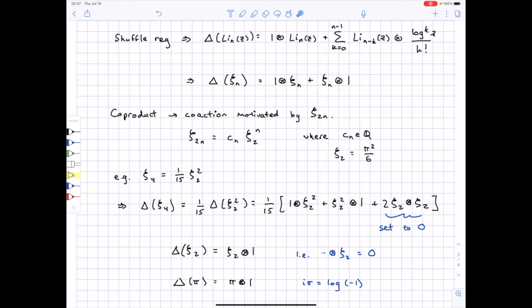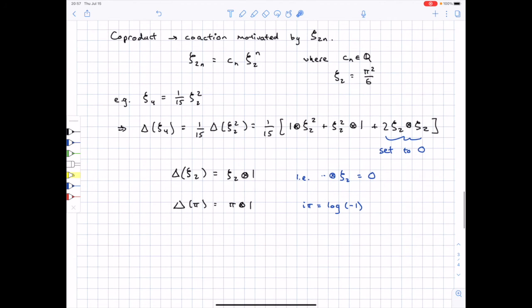And because log of -1 comes really with this factor of I, is why we often speak of taking the second entry of the coaction on multiple polylogs to be modulo I pi.